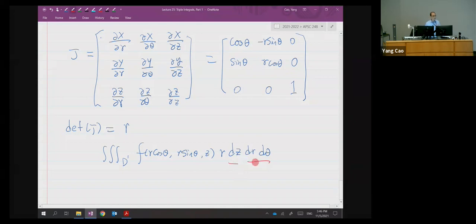Okay. So when you do the dz, we'll see that, and that's fine, which is basically the same procedure as you find the z limits for Cartesian coordinates. And when you find the limits for r and theta, you look at the shadow, the shadow which is in the xy plane.